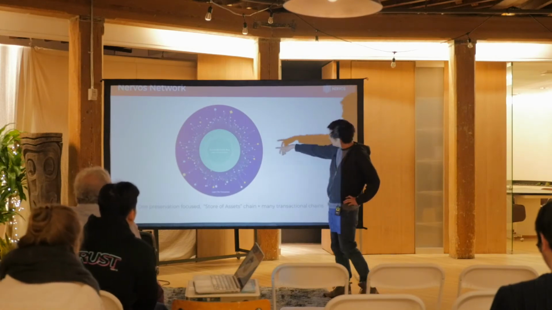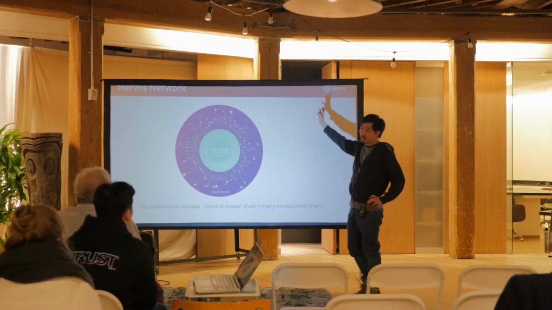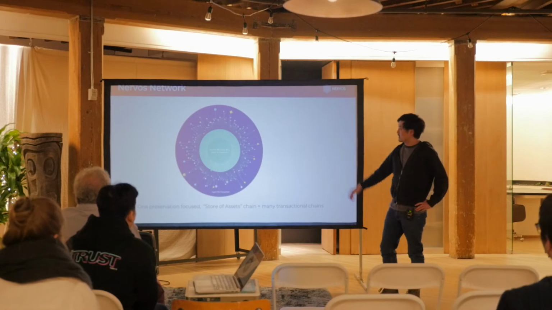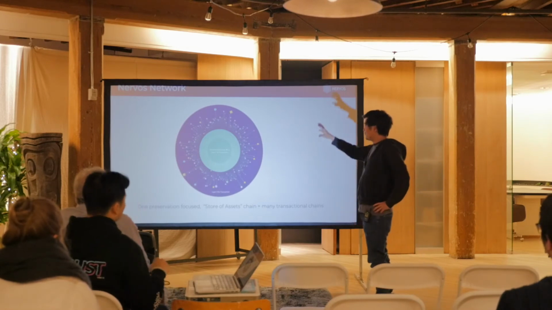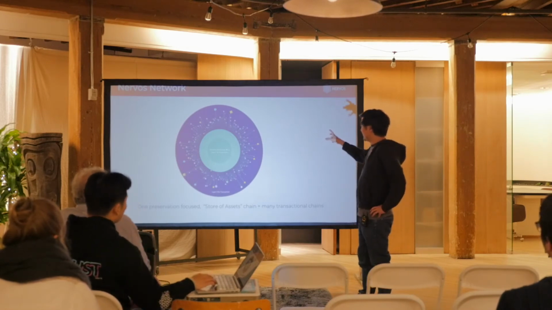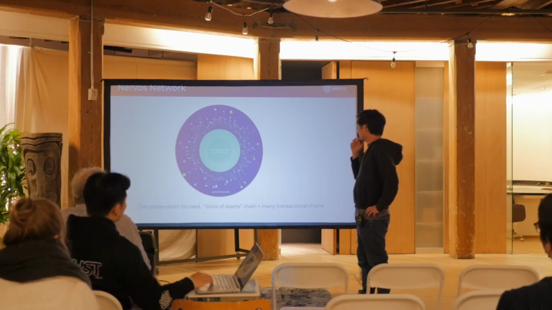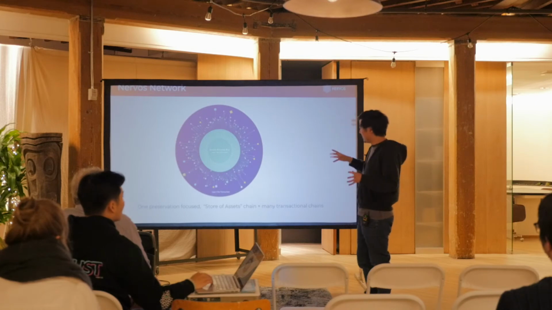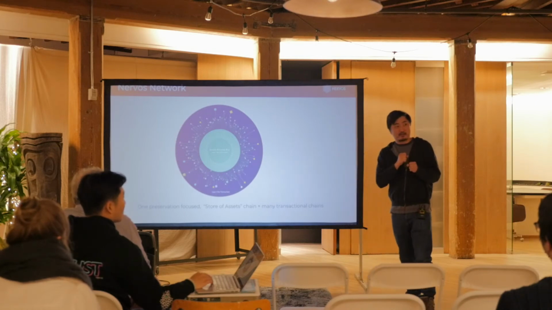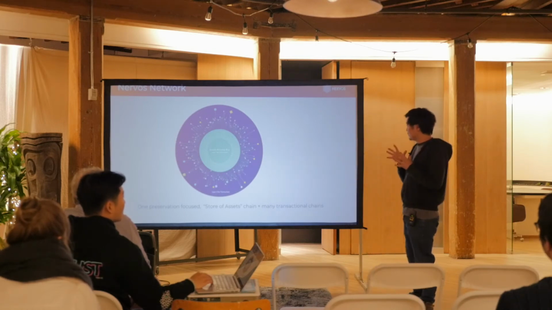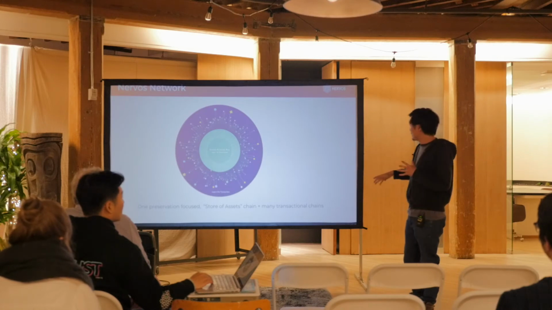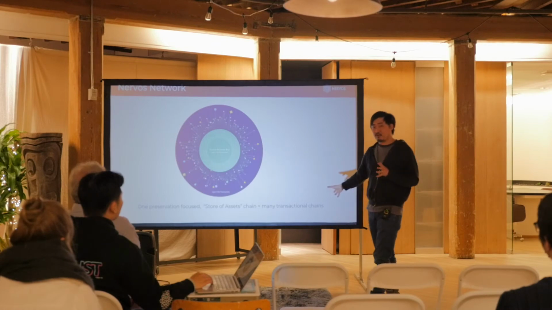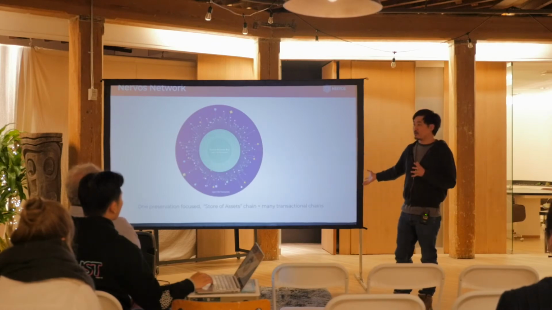And around it, you see many blockchains shooting out from it, dangling on this layer 1 protocol. So those are our layer 2s, right? The idea is that the topology of the overall Nervos network is one preservation-focused store of asset chain, plus many, many transactional chains, or transactional systems, around it.